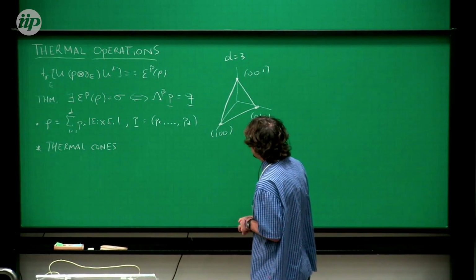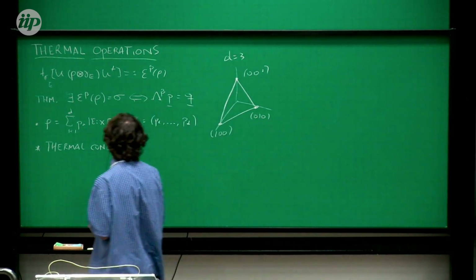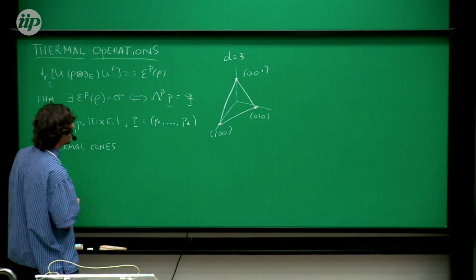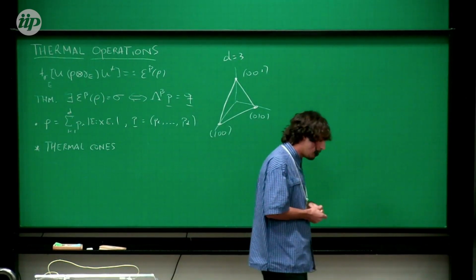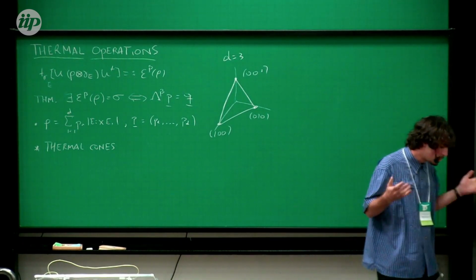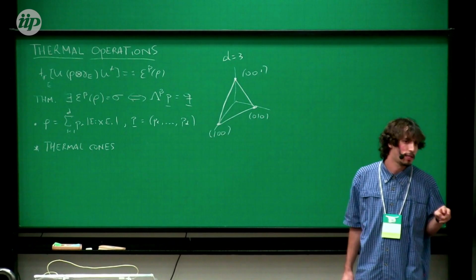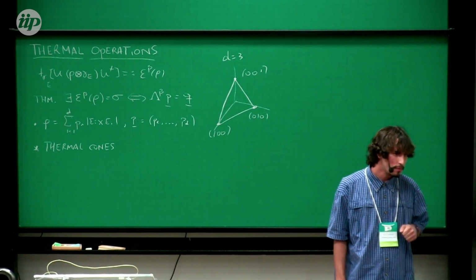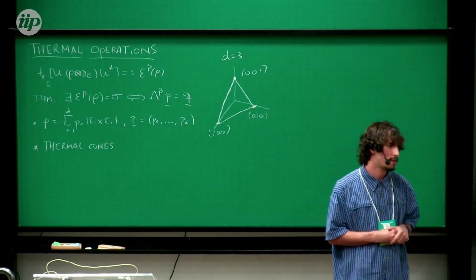And then after this, I tried to convince you that the fundamental question that I would like to discuss in all these three lectures is, given a pair of states, rho and sigma, whether there exists a thermal operation between these two subsystems.